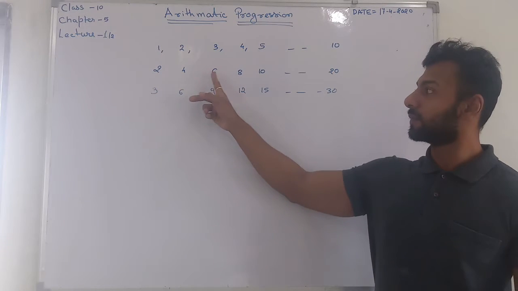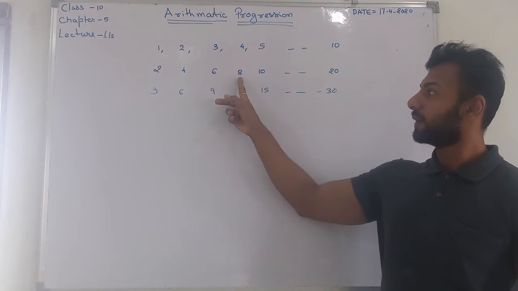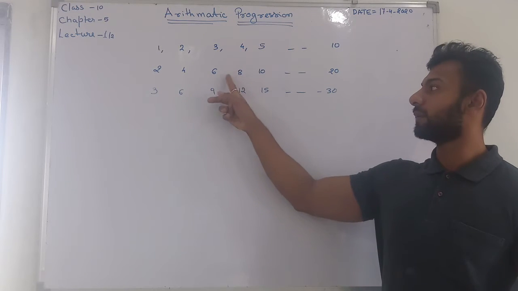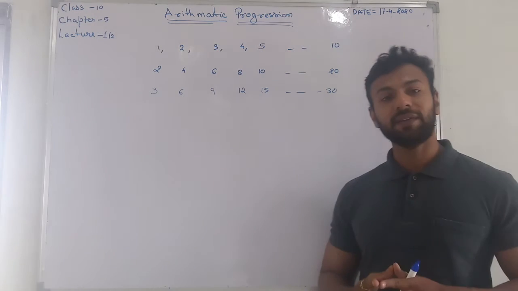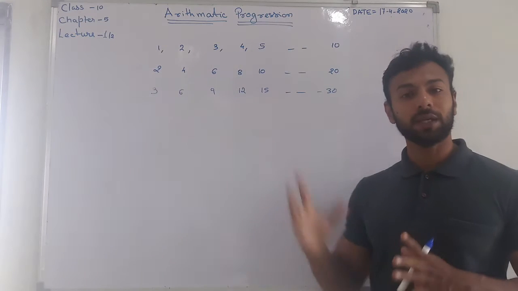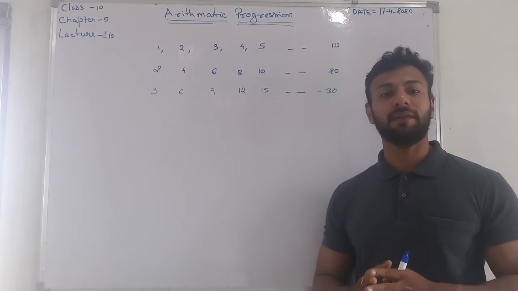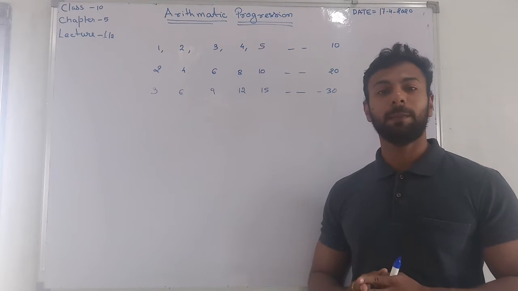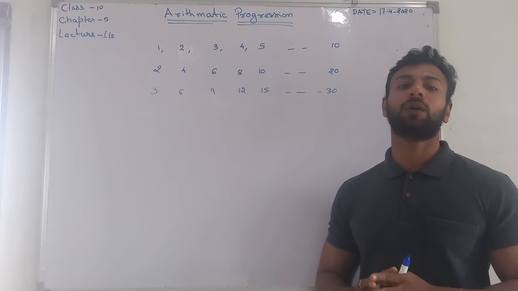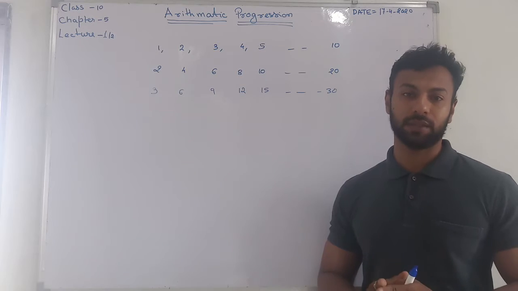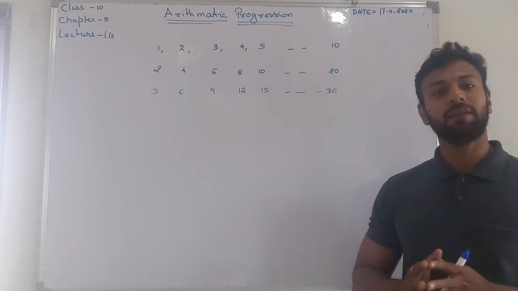If we subtract 4 from 6, we get 2. If we subtract 6 from 8, we get 2. So the common difference between two consecutive numbers is the same. Such numbers, which have the same common difference between two consecutive numbers, are called arithmetic progression. Now let us see an example.